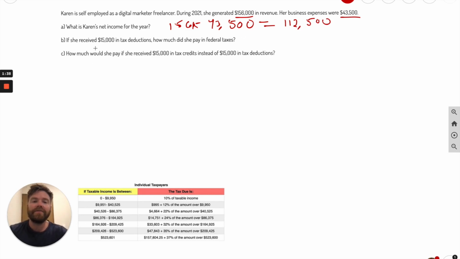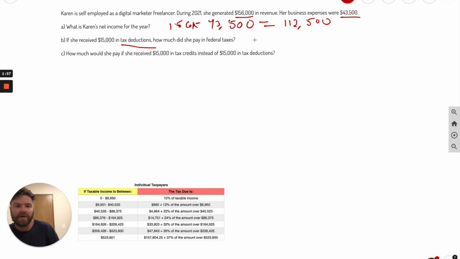So if she received $15,000 in tax deductions, how much did she pay in federal taxes? We're going to use this chart, the one we did before in the previous problem. Before we do that though, we actually have to deduct the $15,000 in tax deductions. We have to deduct that first, then the remainder is what's taxed.